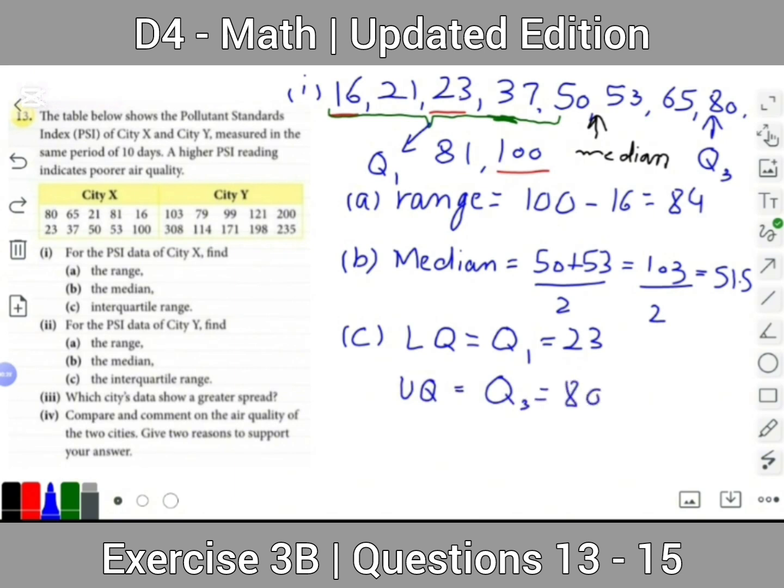To find the interquartile range, we use the formula Q3 minus Q1. So we have 80 minus 23, which gives us 57. So the interquartile range for the PSI data of city X is equal to 57.